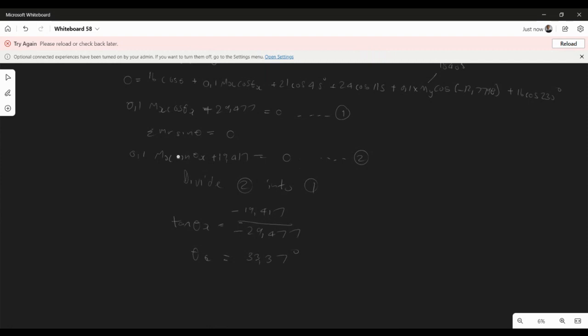Cool. And then to find your mass, simple, mx is equal to 19.417 divided by 0.1 times sine of the 33.37. I wonder if this is correct. It's not actually.